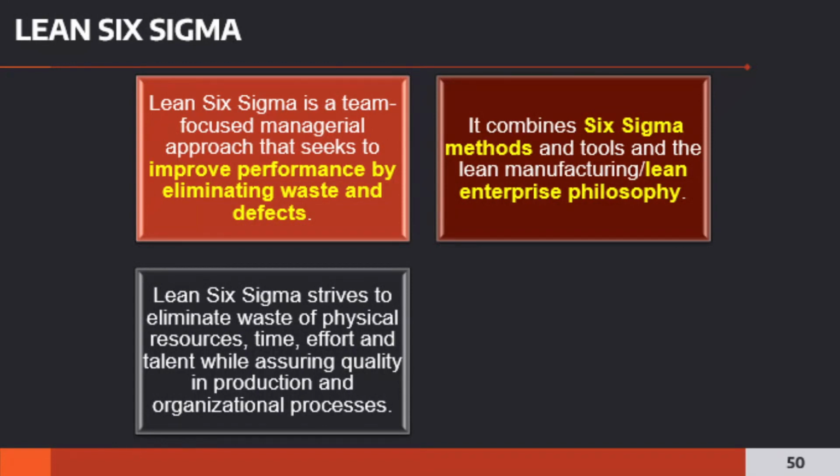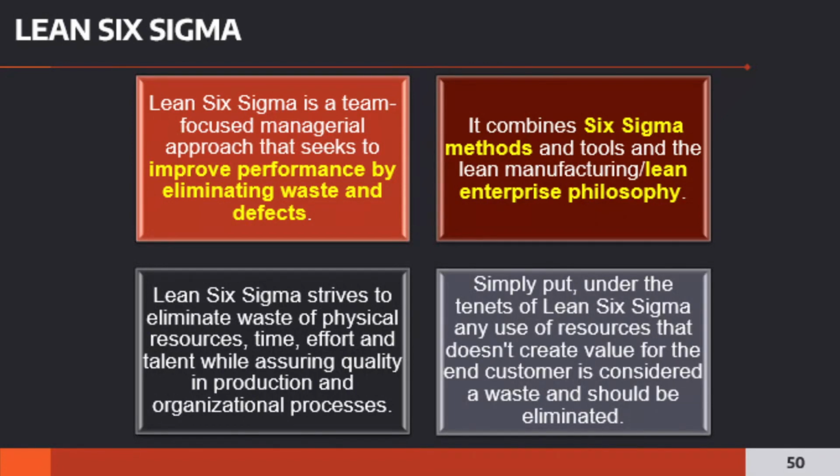That is what lean is all about. Simply put, under the tenets of lean 6 sigma, any use of resources that doesn't create value for the end customer is considered a waste and should be eliminated.